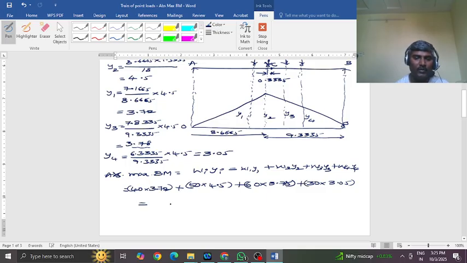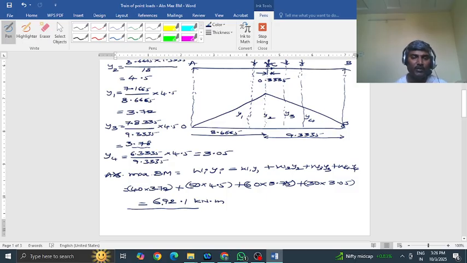Put together, it works out to 692.1 kilonewton meter.